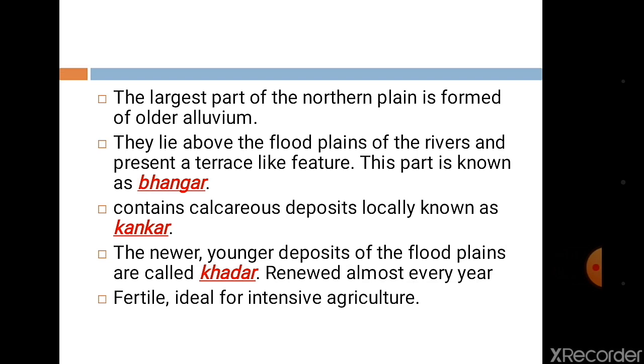Because of intensive agriculture, the population is high here. So in this way you have studied the second physiographic division of India, which is important for human life in India.